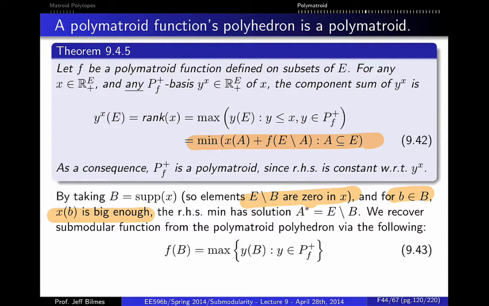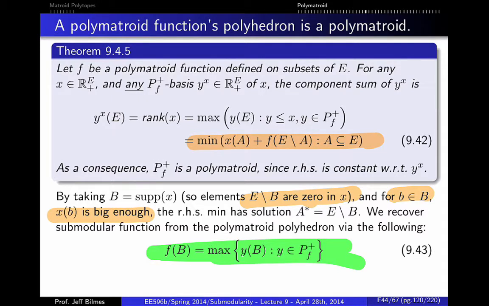Because if the support of x is big enough, that min would never choose any A that contains any non-zero element of x. So the solution would have to be just based on the valuations of the polymatroid function f of A. And so from the right-hand side and with the appropriate x, you've essentially recovered the valuation.